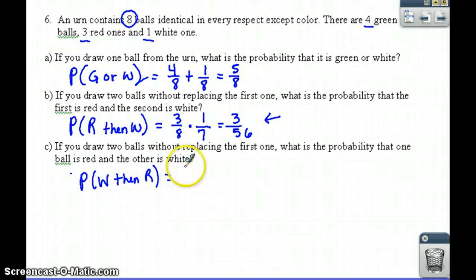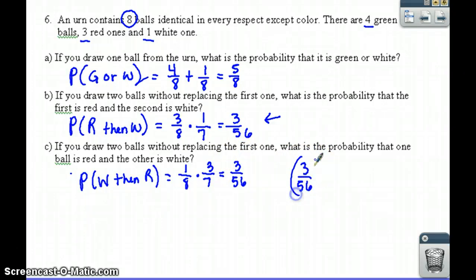Well, let's see. 1 out of 8 are white, and 3 out of the remaining 7 are red. Okay, that probability is the same as this. So the probability of either red then white or white then red, the order not mattering, is going to be 3/56 times 2. We're going to double the probability that that can happen.